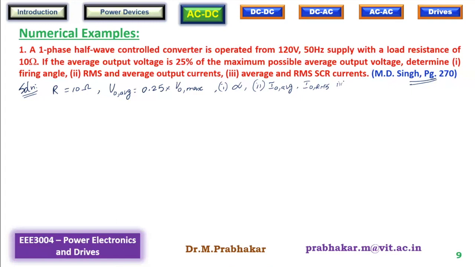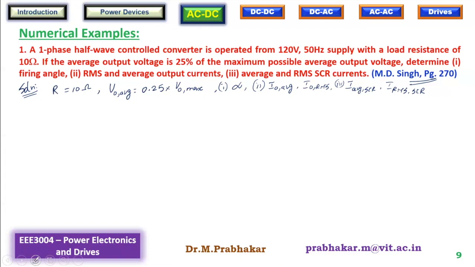The third parameter required is the SCR current: I average SCR and I RMS of SCR. These are the parameters that are asked.